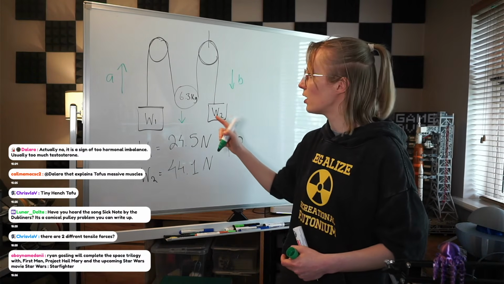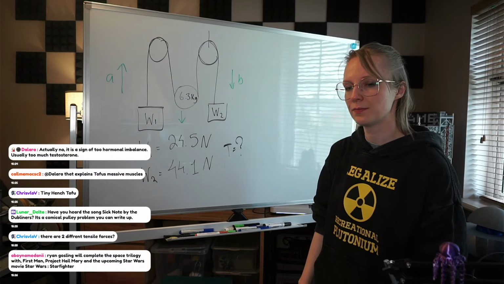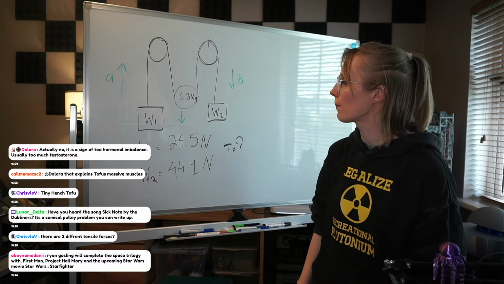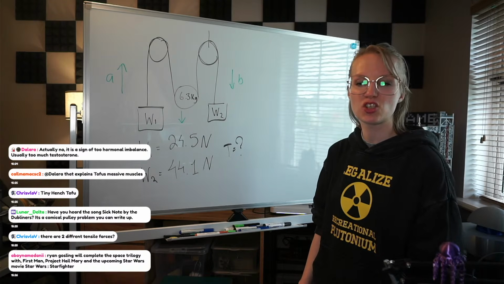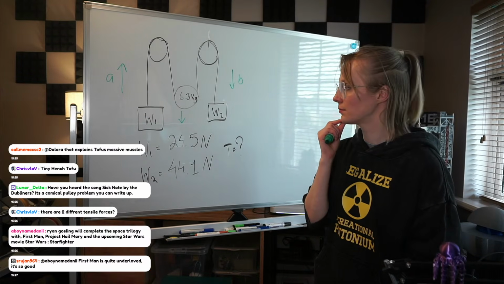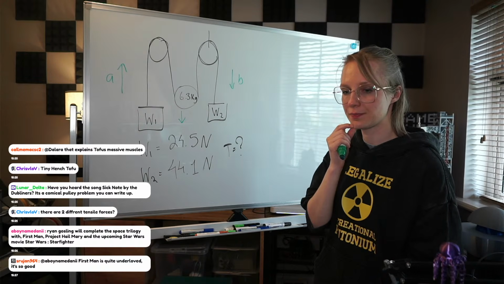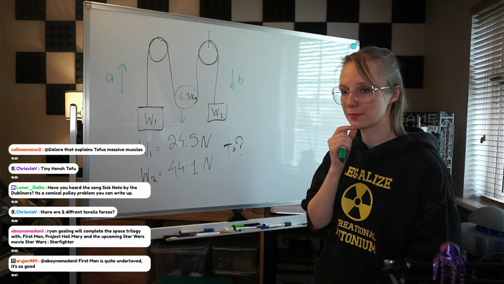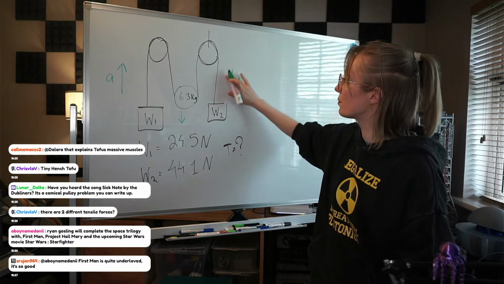Now, here's the question. What's going to be the acceleration of this guy going down, let's say, in this example? You could say it's going to go down a new acceleration, C, but let's be smart. Let's use our physics brains a little bit. What combination of A and B will it be? Say it goes up.